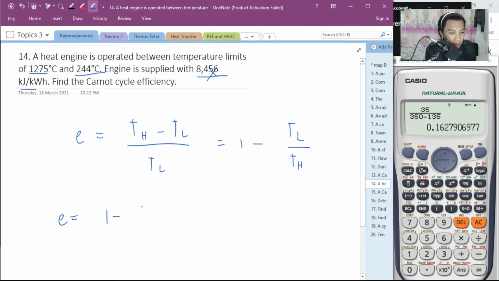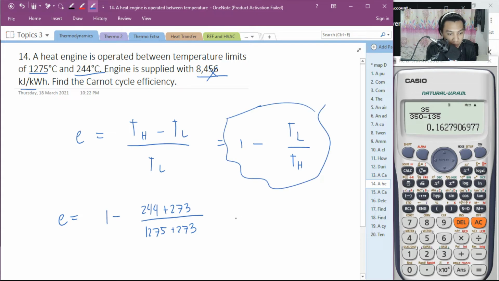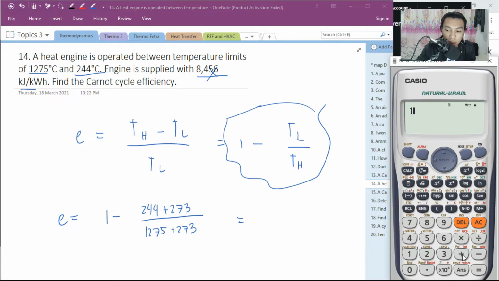Pakita ko. So, TL, 244 plus 273 divided by 1275 plus 273. Okay? Tignan mo yung pinagkaiba nila dito sa solution nito. Ito muna gagawin ko. So, efficiency is equal to 1 minus 244 plus 273 divided by 1275 plus 273.